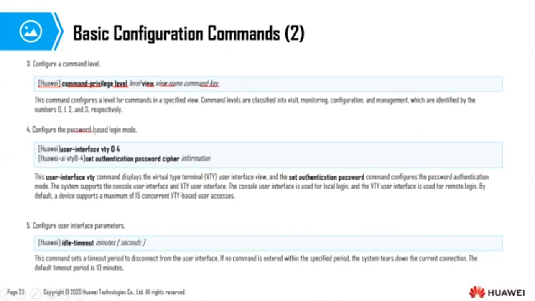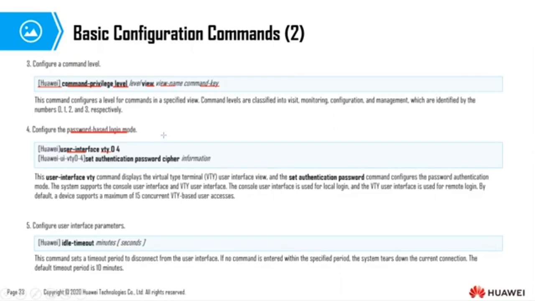You can also configure password-based login mode. So for example, for the virtual type interface, the command is user interface 0 / 4, meaning we are creating a maximum of 5 interfaces from 0 to 4.